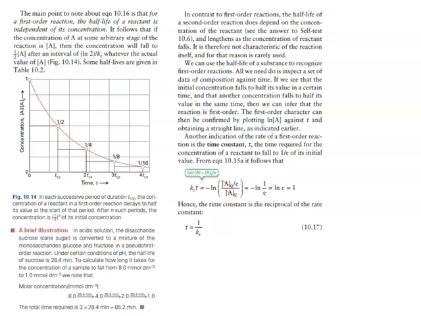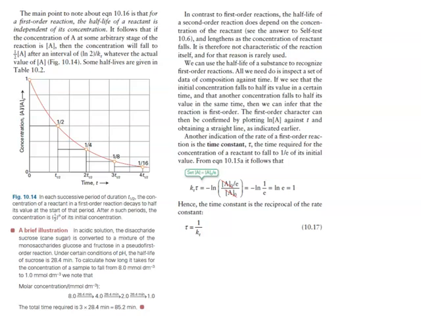Now, in contrast to first-order reactions, the half-life of a second-order reaction does depend on the concentration of the reactant, and lengthens as the concentration of reactant falls. It's therefore not characteristic of the reaction itself, and for that reason is rarely used. We can use the half-life of a substance to recognize first-order reactions.